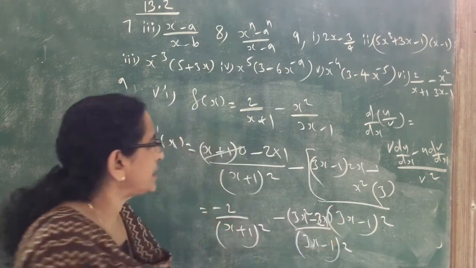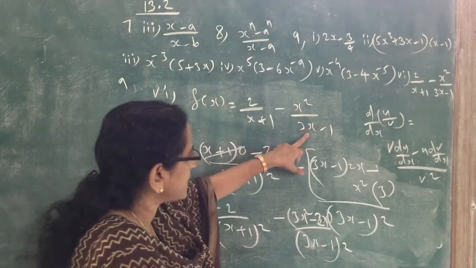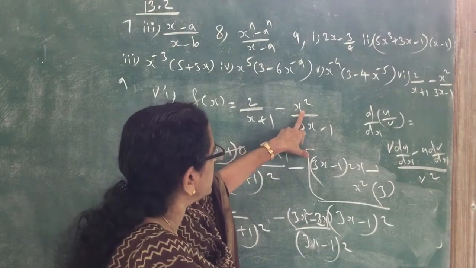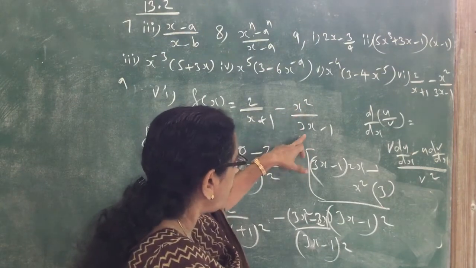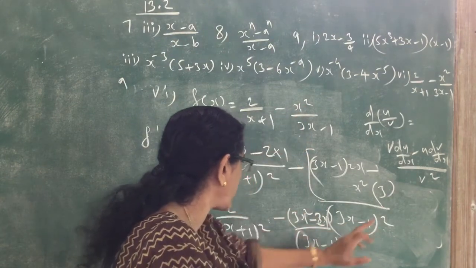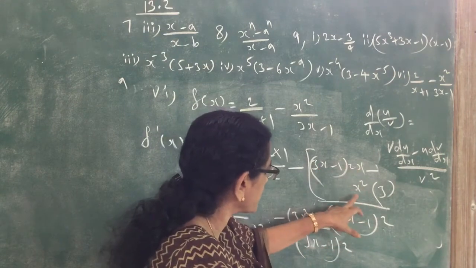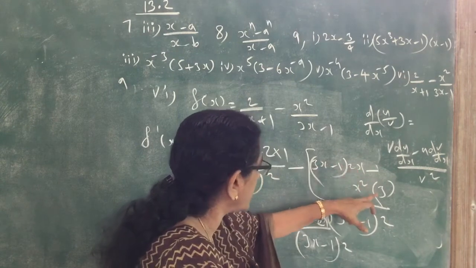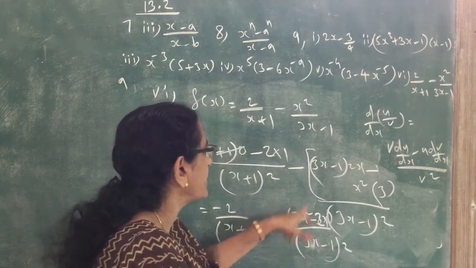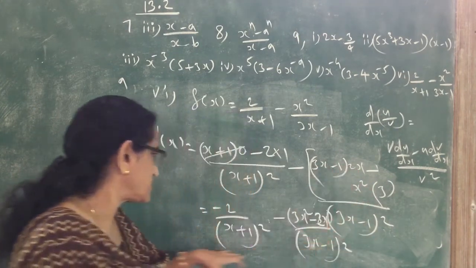So the denominator 3x minus 1 into 2x minus x square into 3, all divided by 3x minus 1 whole square. So 6x square minus 3x square, 3x square, minus 2x. So that's the answer.